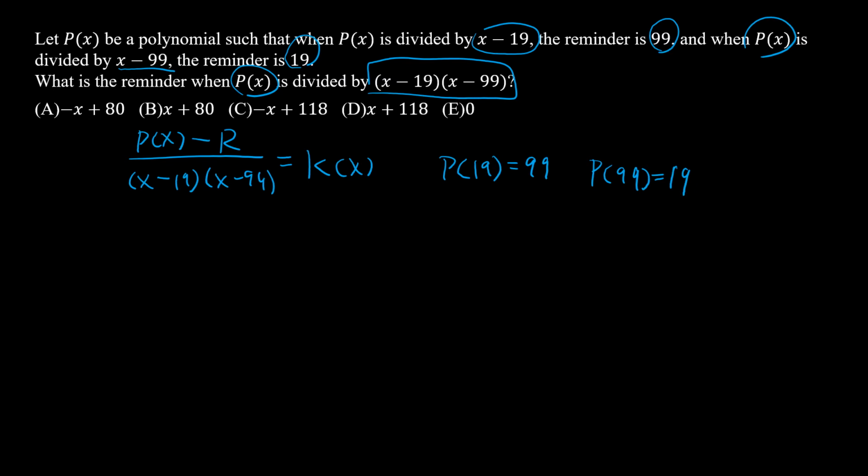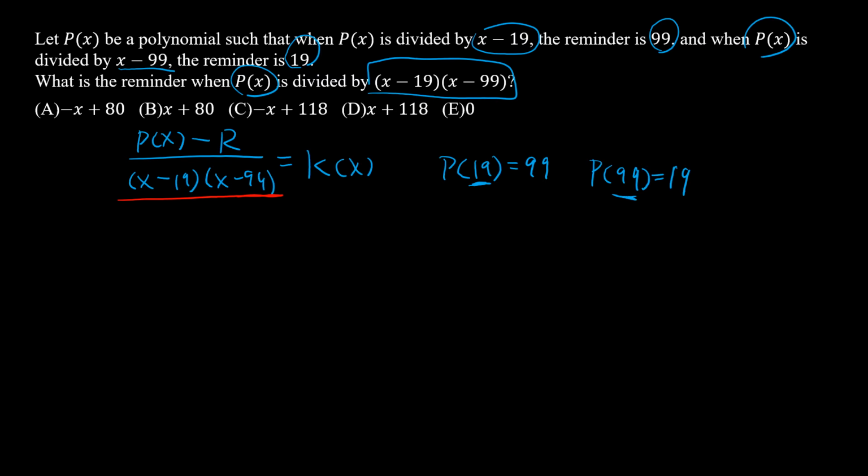My instinct is to try to make x equal either 19 or 99, right? So let's pick 99. What we see is the divider here is x minus 19 times x minus 99.